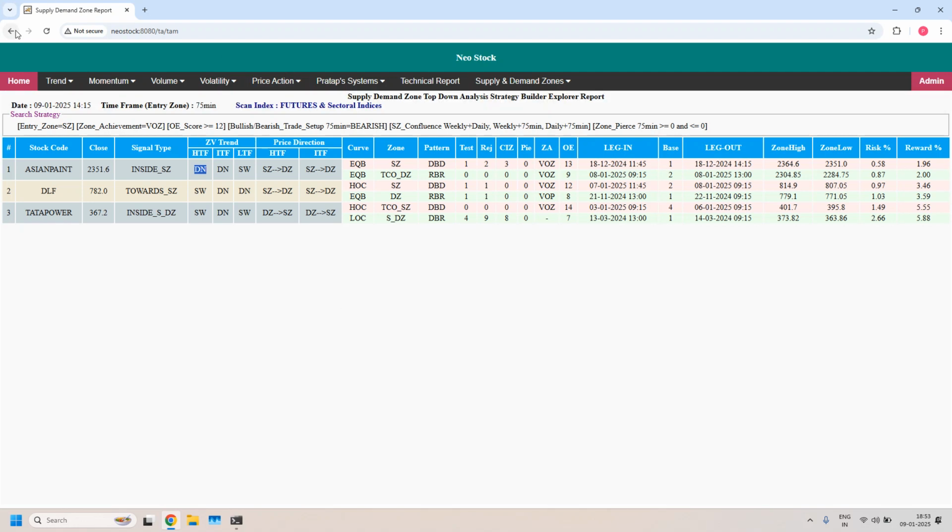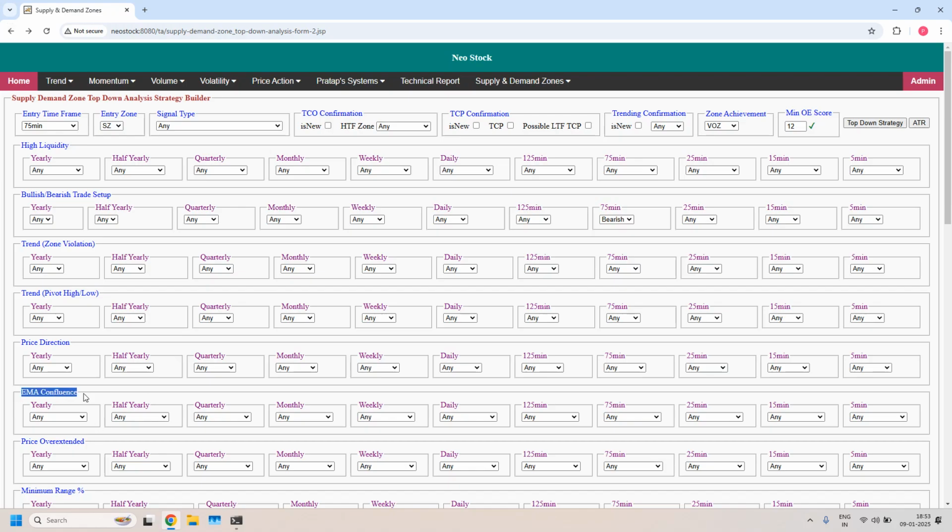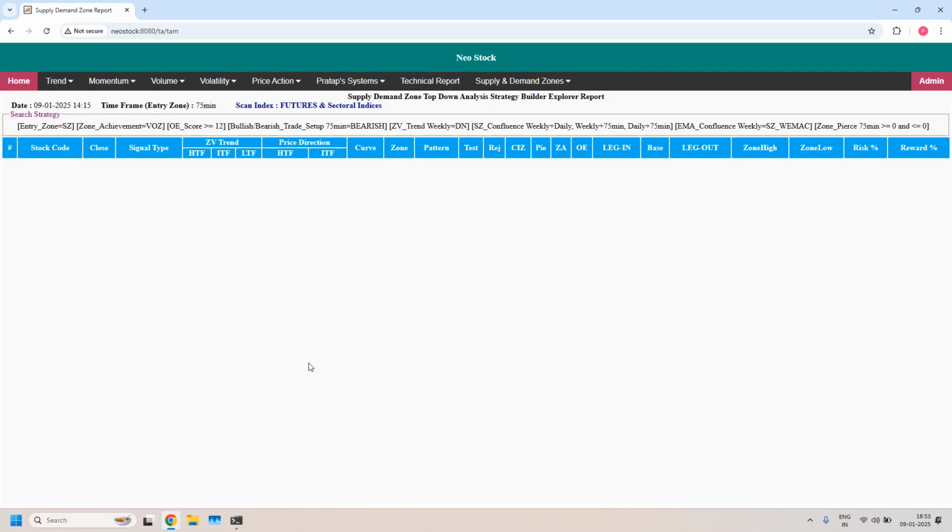Let us verify. In the EMA confluence, weekly time frame, weekly supply zone having weekly EMA confluence, and the trend on weekly time frame is down because it is bearish trade setup. The filter will be applied on only one stock. So that is not having EMA confluence, weekly EMA.